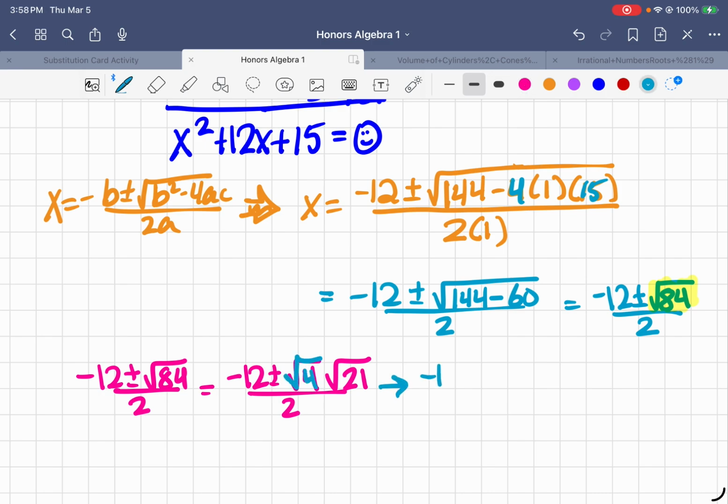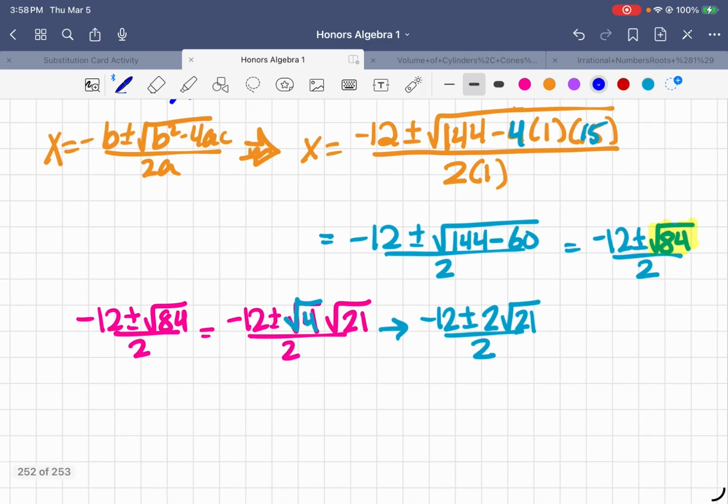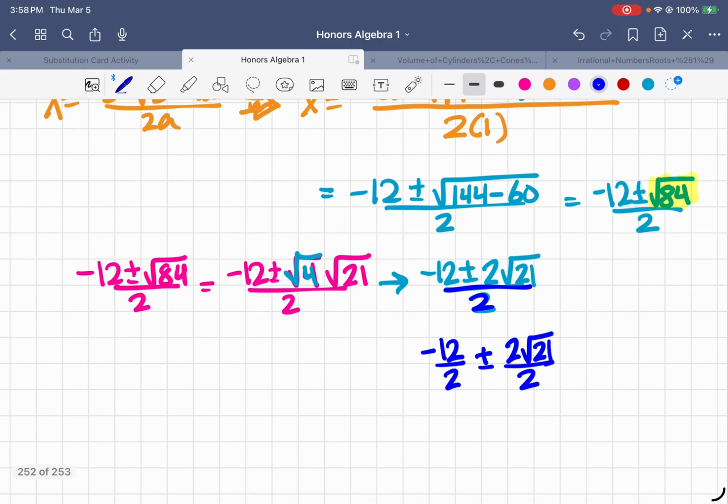So this is going to be negative 12 plus or minus 2 times the square root of 21, and then we'll divide by 2. Then I'm going to separate this into its common denominators of 2. So this is negative 12 over 2 plus or minus 2 square root of 21 over 2. So our answer is negative 6 plus or minus the square root of 21. Those are our 2 solutions.